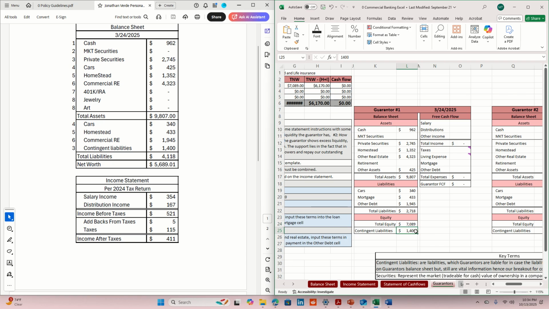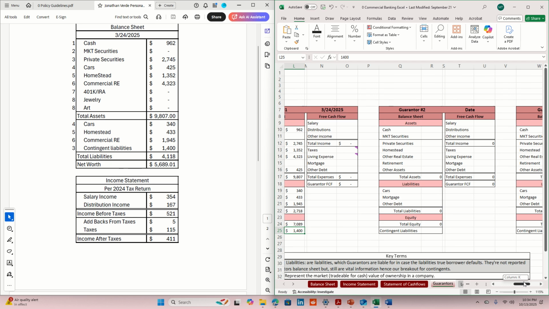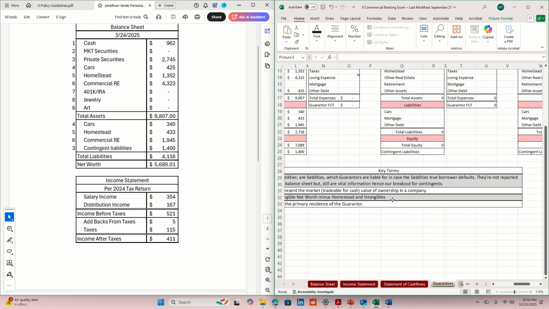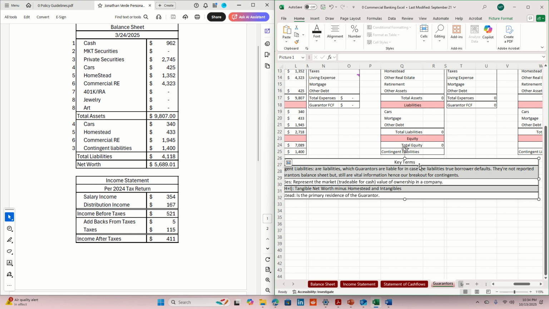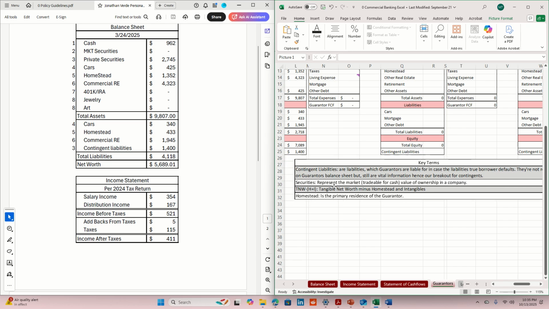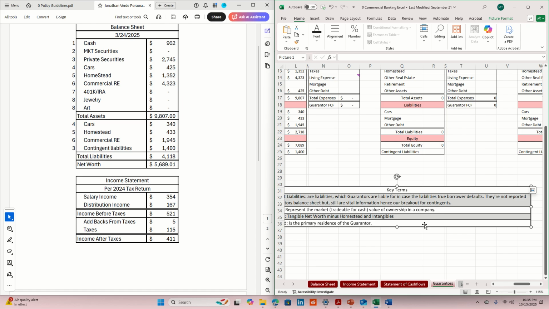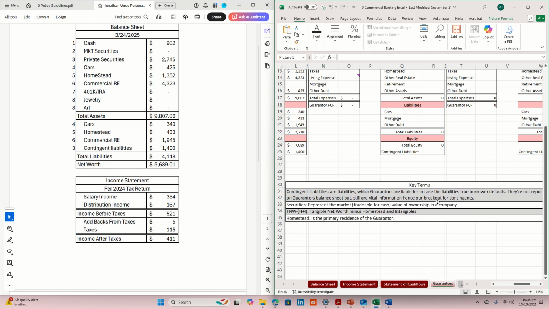So no one has defaulted, meaning that these are contingent. And actually, there's key terms right here. The key terms: contingent liabilities are liabilities which the guarantors are liable for in case the liability's true borrower defaults. They're not reported on the guarantor's balance sheet, but still are vital information, hence our breakout for contingents.